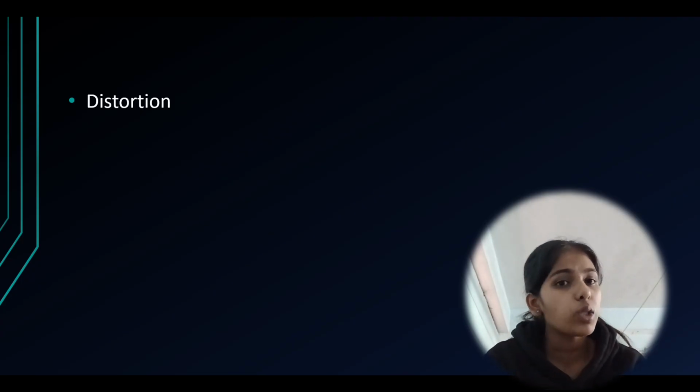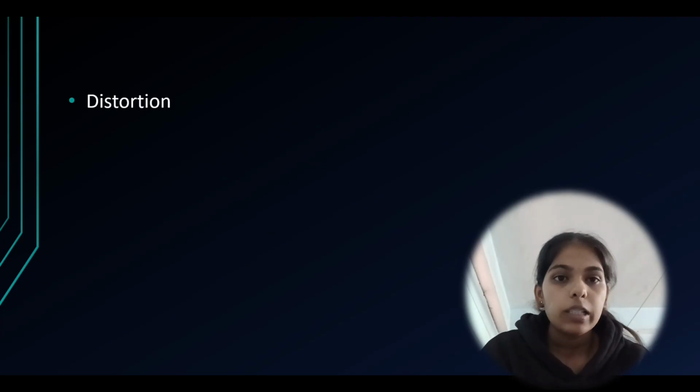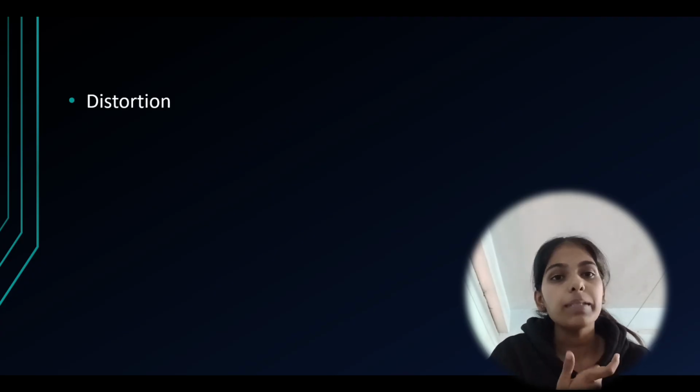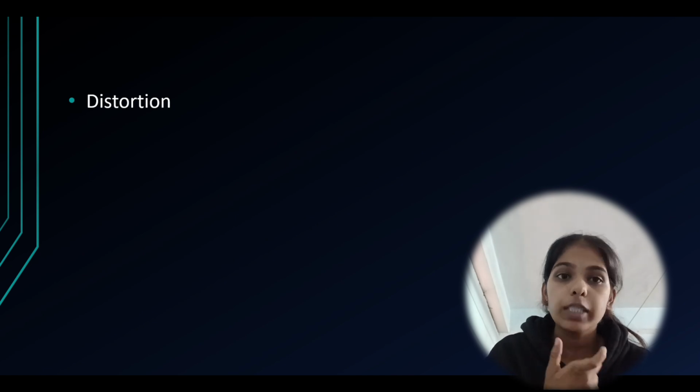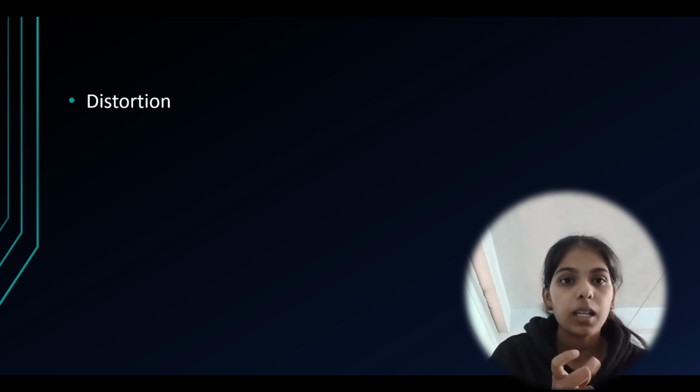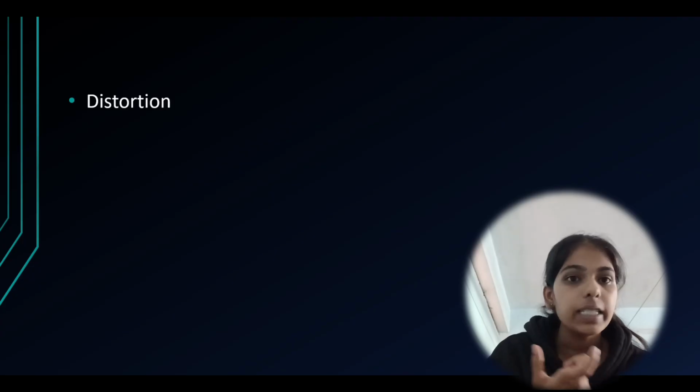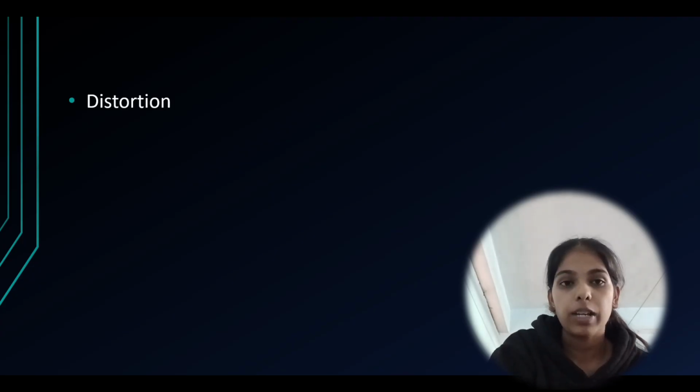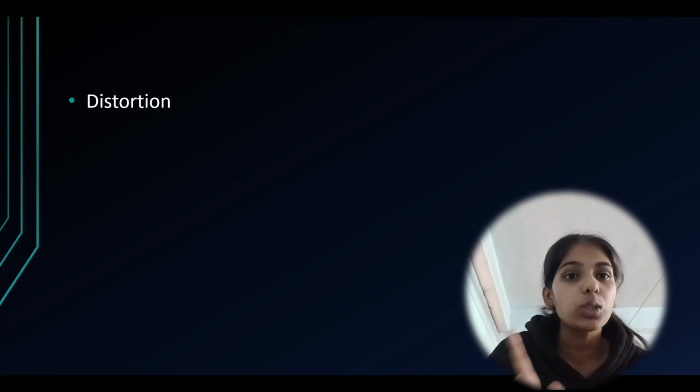Distortion. What does distortion mean? Let's take an example. If I am singing a song with a mic, and my voice is exactly the same while singing, there is no distortion.